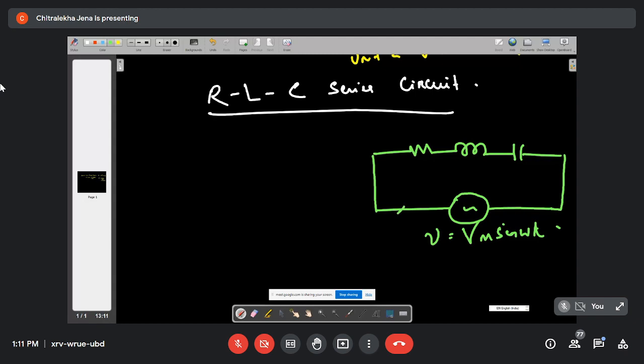The instantaneous value of the current is I. Now this is the resistor, this is the inductor, this is the capacitor, where the voltage across the resistor we are taking as VR, voltage across the inductor as VL, and voltage across the capacitor as VC.